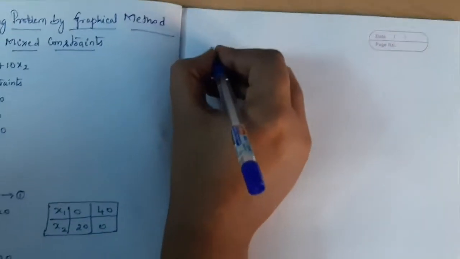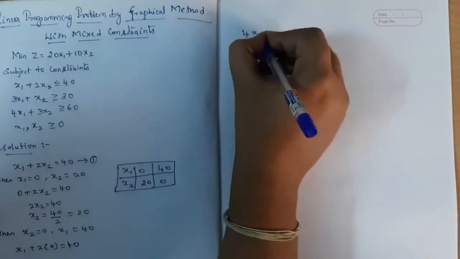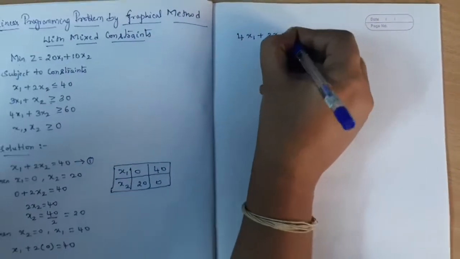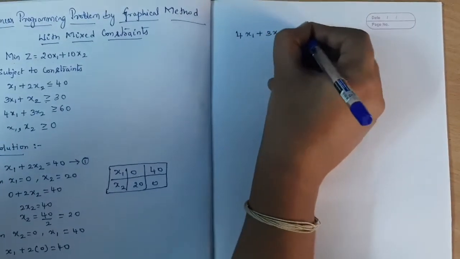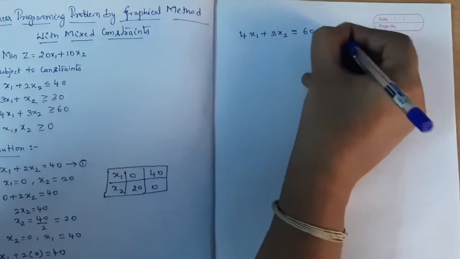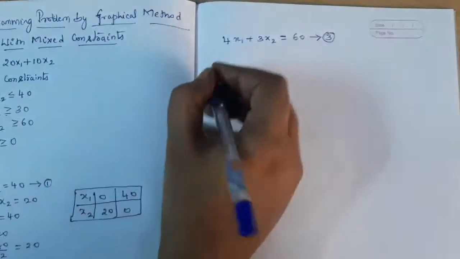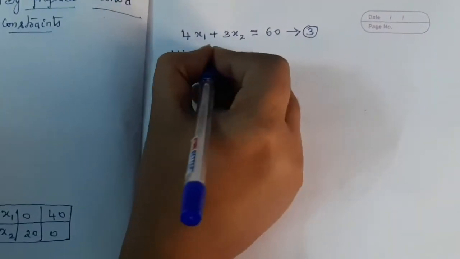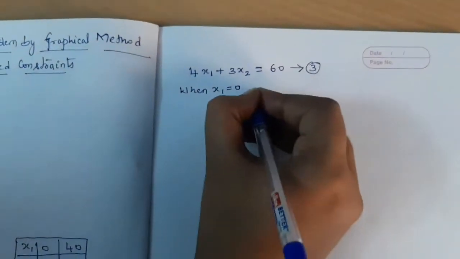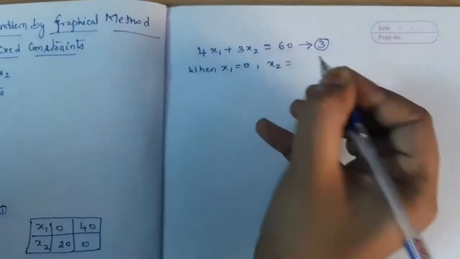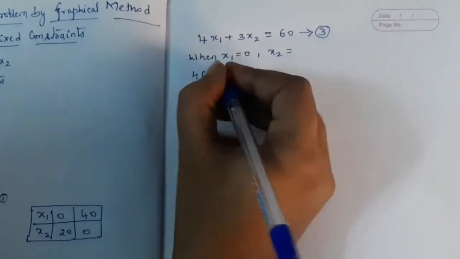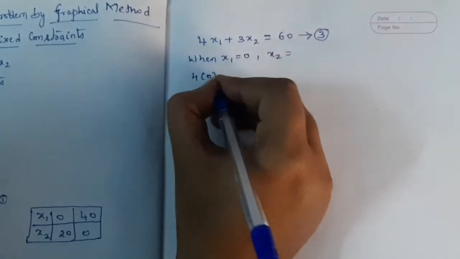Now take down third constraint, 4x1 plus 3x2, convert to equation equal to 60. So this is equation 3. And consider x1 as 0 and find x2 value. So 4 into x1 0, substitute in equation 3, so 0.